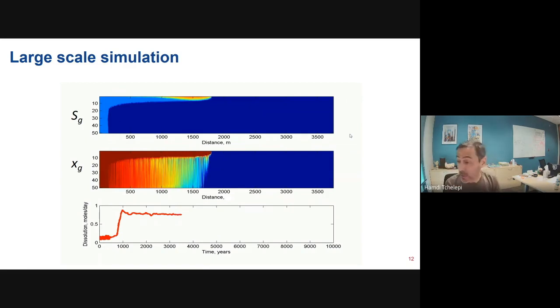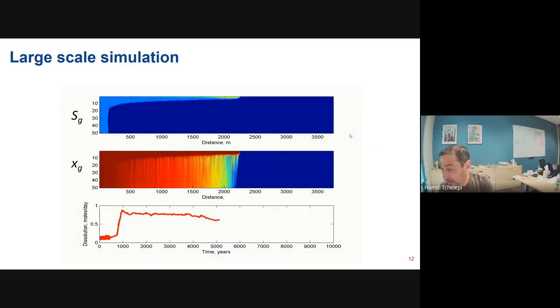The light blue is because the CO2 is getting trapped as the water imbibes in the back end of the gravity current. And the plot on the bottom is giving you the total mass of CO2 that is now dissolved into the underlying brine.